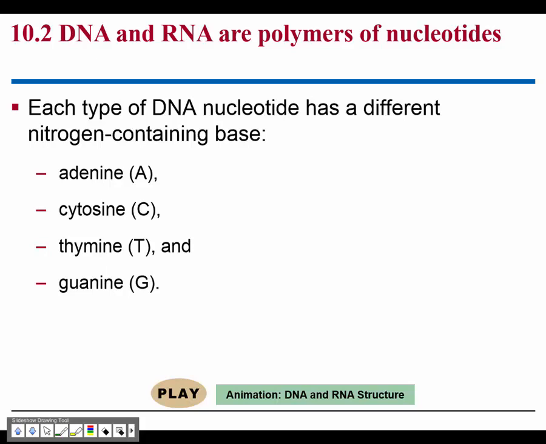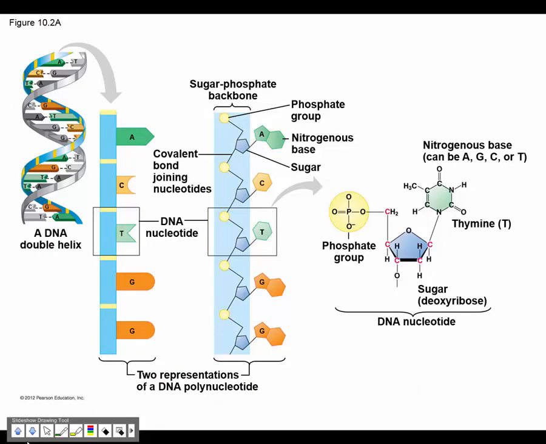When we talk about nucleotides, they're nitrogen-containing bases, and we just label them A, C, T, and G, but the correct words for them are adenine, cytosine, thymine, and guanine. DNA is a double helix, and I'll show you a picture a little later, but it's twisted around.